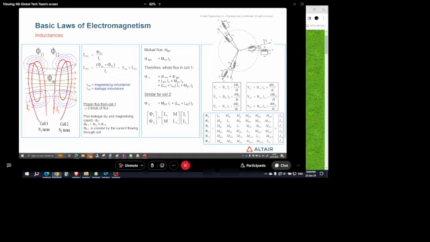Then the matrix will be bigger, right? So you have the magnetic flux on phase A, phase B, phase C of the stator, and the same three phases on the rotor, and then the mutual between the phases of the stator and the mutual between the phases on the rotor, and the mutual between the stator and the rotor.